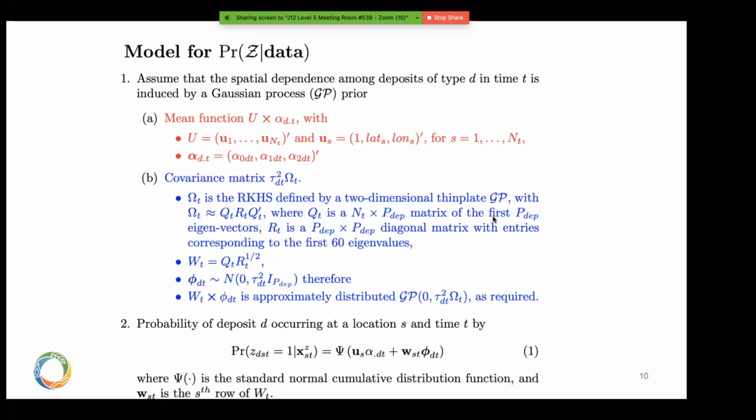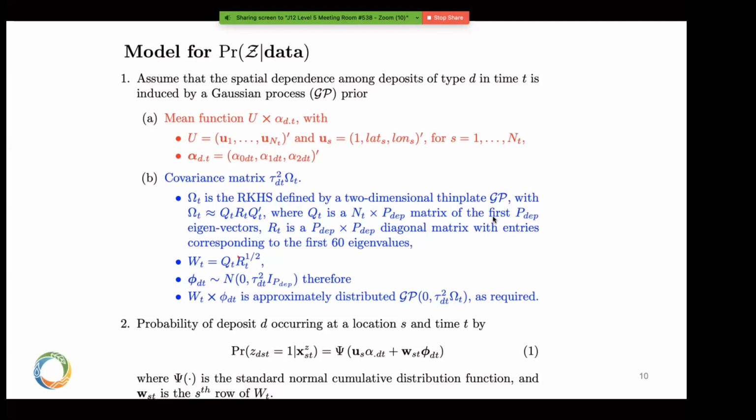We just take the top, in this case, 60 basis functions, although it shouldn't overfit even if we took all of them, but it's just computationally intensive if we do. And we can define this design matrix here, W, as equal to the matrix of eigenvectors times the eigenvalues to the power of a half.